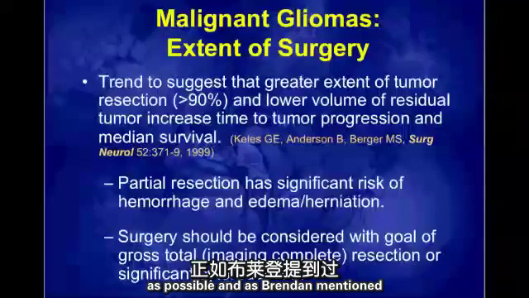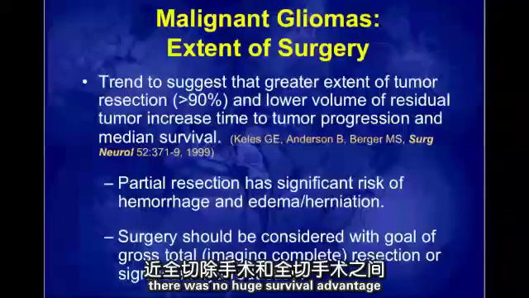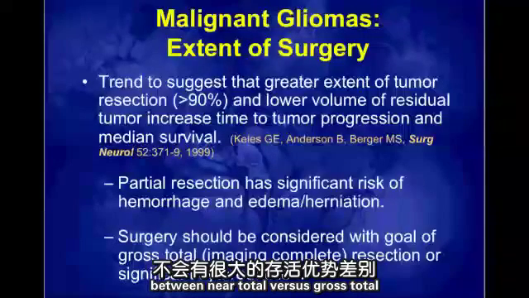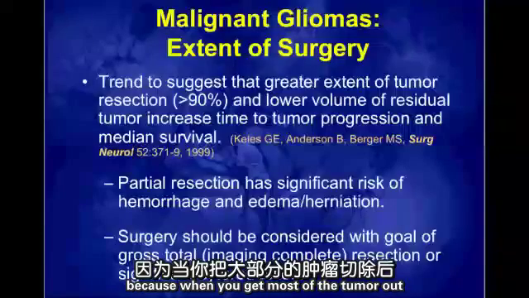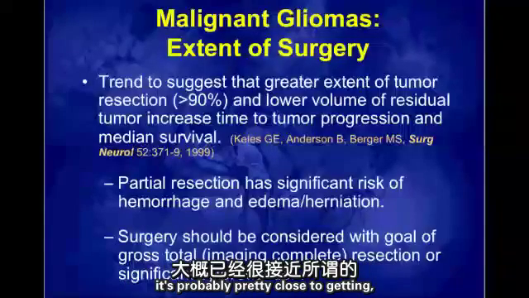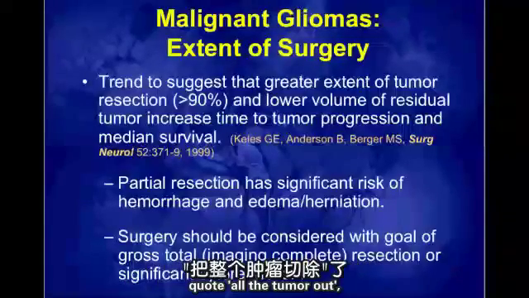If you have a large tumor, it probably is beneficial to take out as much of the tumor as possible. And as Brandon mentioned, there was no huge survival advantage between near total versus gross total, because when you get most of the tumor out, it's probably pretty close to getting, quote, all the tumor out.